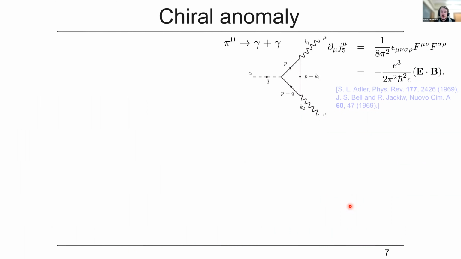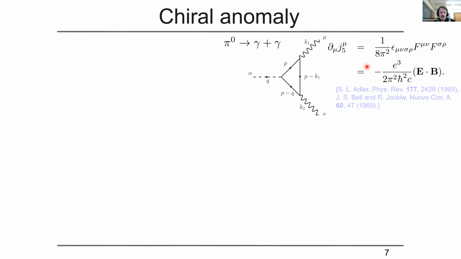Chiral anomaly, this term comes from high energy physics, and there it's a very important phenomenon that is important, for example, for the description of the decay of a neutral pion into two gamma quanta. It appears due to nontrivial regularization of triangular diagrams, and it essentially states that in the presence of electric and magnetic fields, the so-called chiral or axial or imbalance current is not conserved.